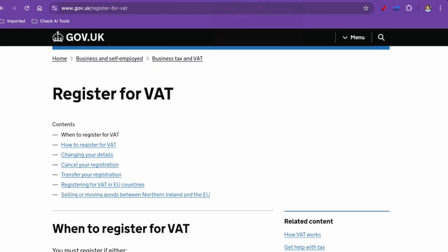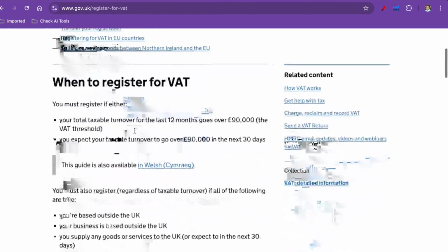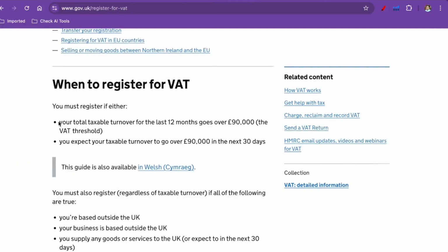So the other tax that I'm going to explain is VAT. Normally, you don't have to worry about VAT if you are a UK resident because there is a threshold. So if your sales, this is not profit, keep in mind, are less than 90,000 pounds in a 12-month period, let's say today you started a business and in the first month your sales were 5,000 pounds, then obviously you're not going over the VAT threshold.